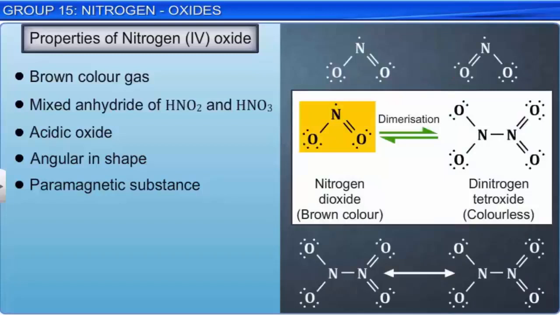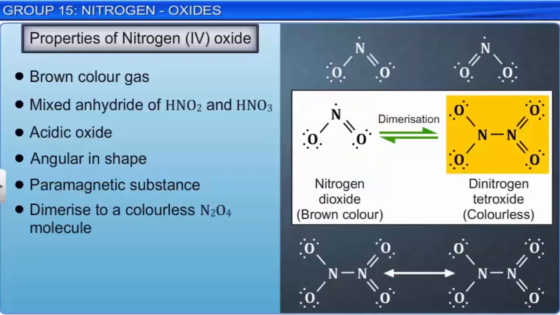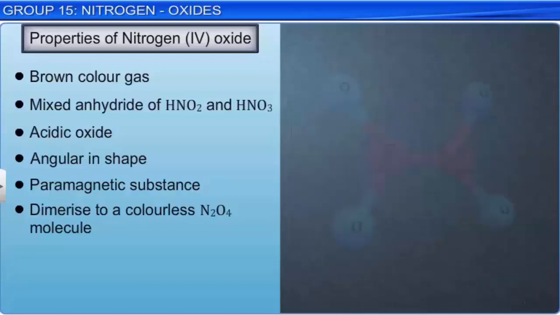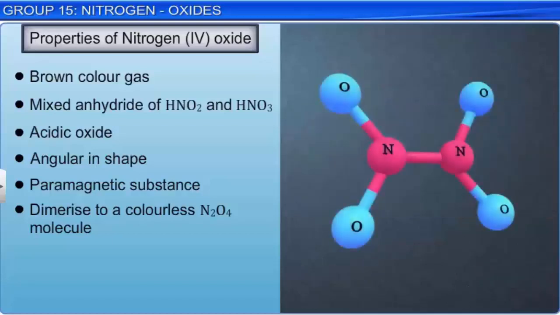It is because of this reason that it attains a tendency to dimerize to a colorless dinitrogen tetroxide molecule that has an even number of electrons. At low temperatures, nitrogen dioxide associates to solid dinitrogen tetroxide. Take a look at the planar structure of dinitrogen tetroxide and make a note of the bond angles and the bond lengths in the molecule.